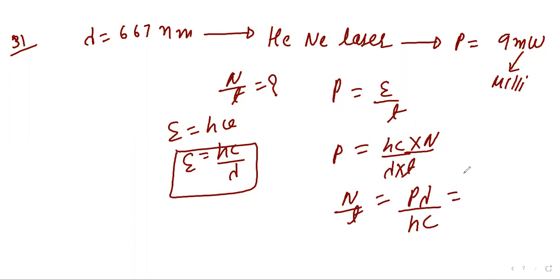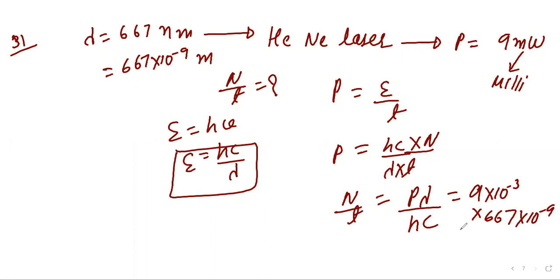Lambda value we know, right? And power we also know. So power is 9 into 10 raised to minus 3 watt. Lambda converted into meter will be 667 into 10 raised to minus 9 meter, divided by Planck constant h, which we know is 6.67 into 10 raised to minus 34, and speed of light is also known, 3 into 10 raised to 8.